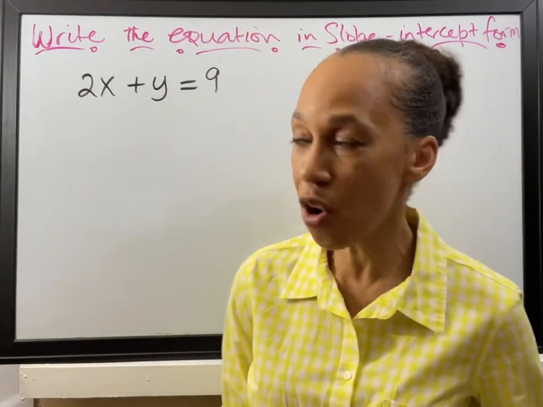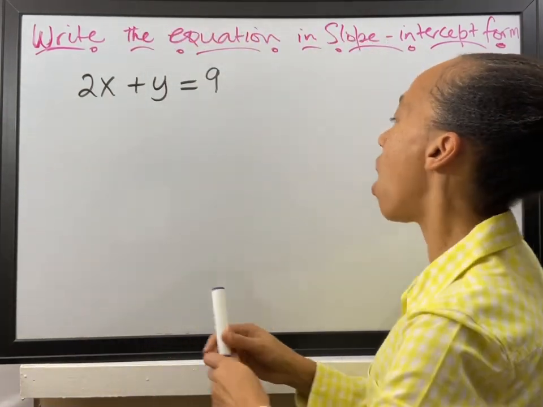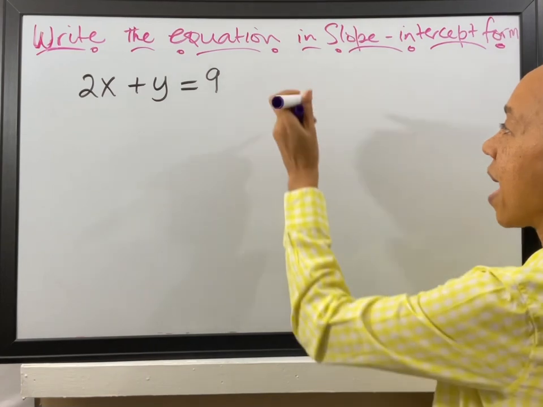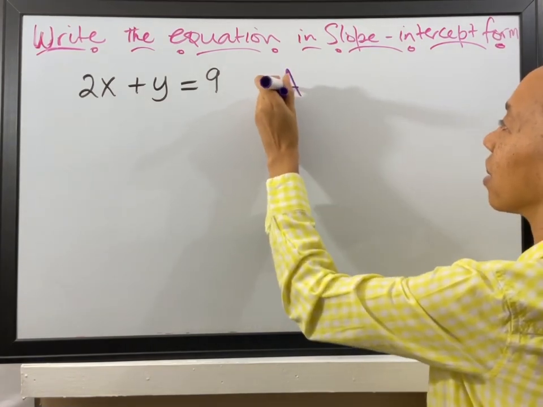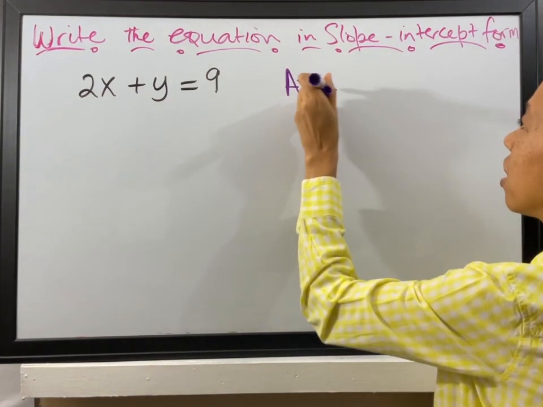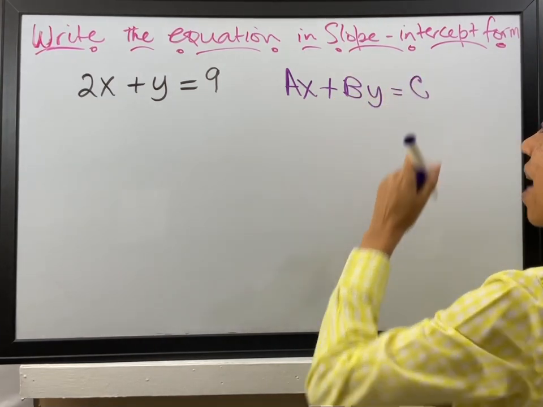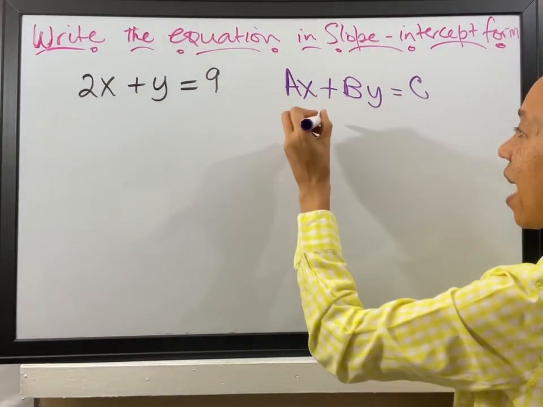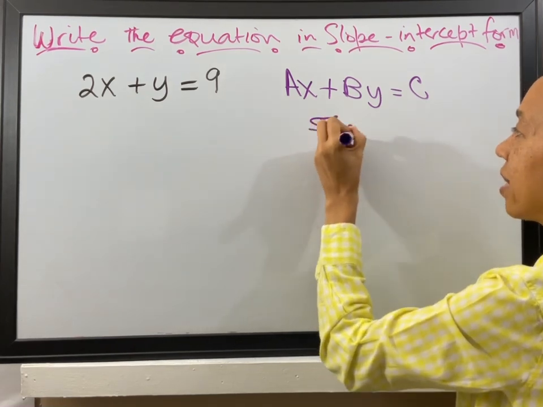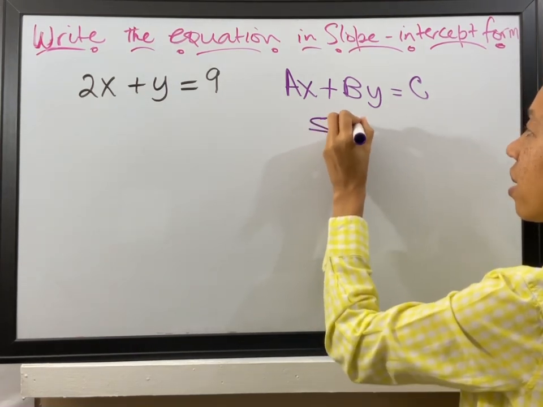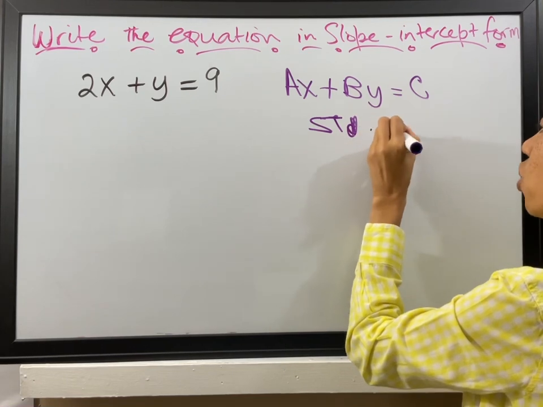Now the standard form is usually in the form of ax plus by equals c. That's the standard form. So this is the standard form. And I'm using ST for standard, right? And I'm shortening it.